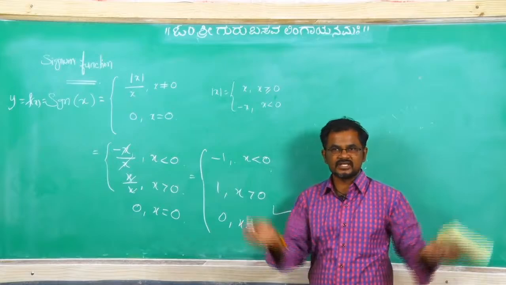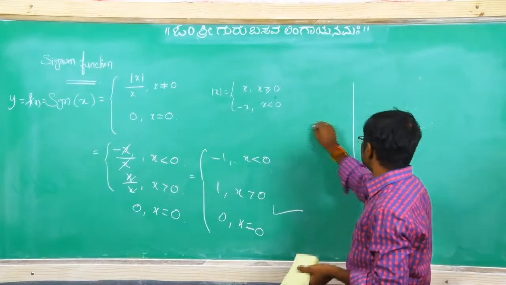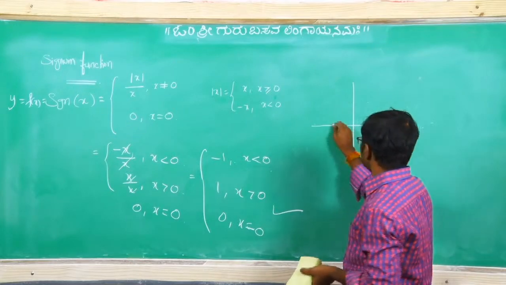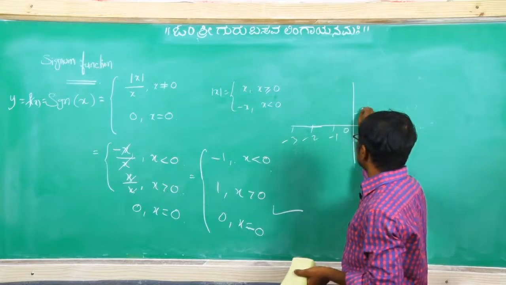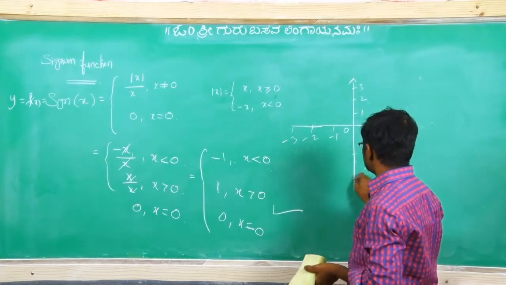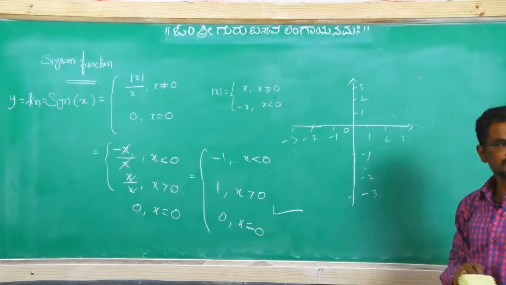If you take these values on the x axis and y axis, what graph will you get? Mark 0, 1, 2, 3, minus 1, minus 2, minus 3 on the x axis, and 1, 2, 3 and minus 1, minus 2, minus 3 on the y axis.